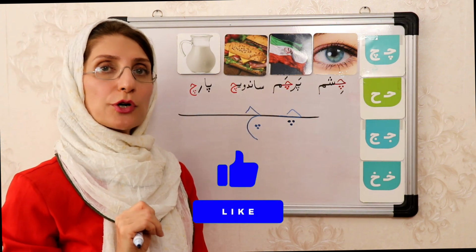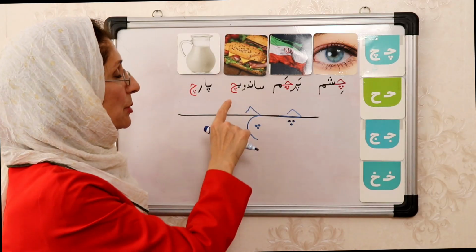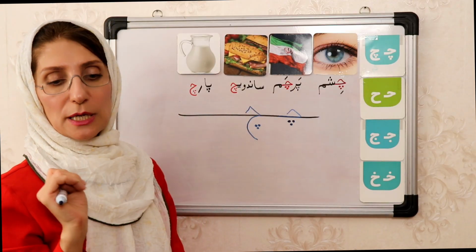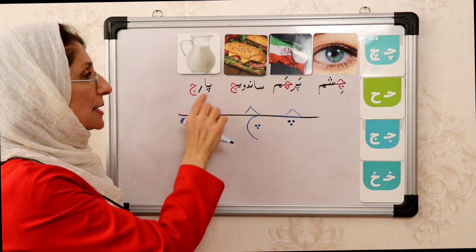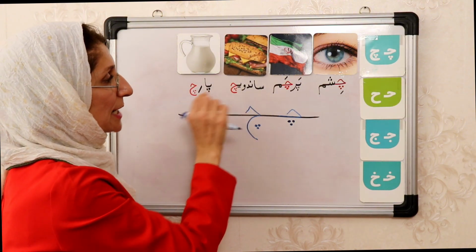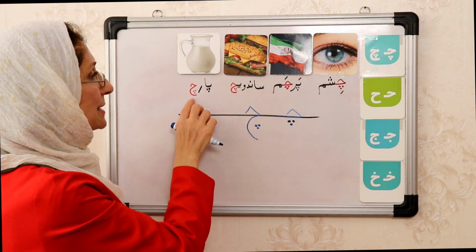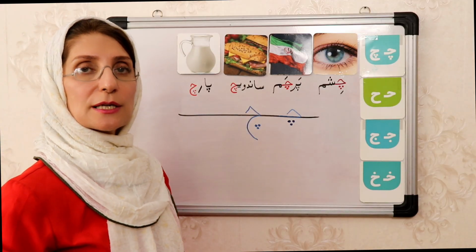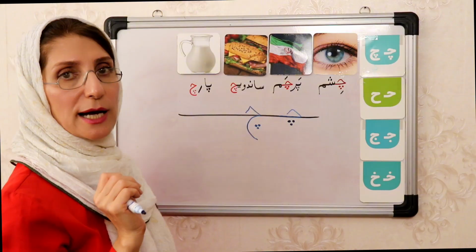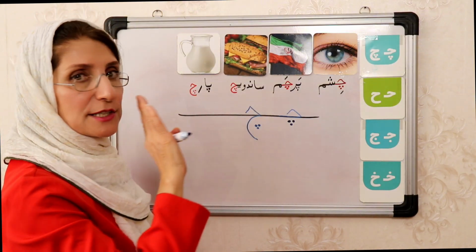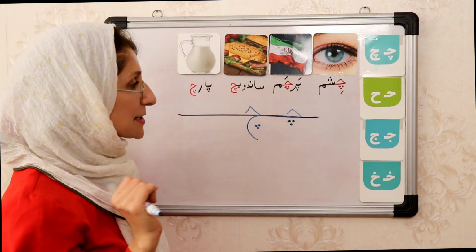Sandwich is a loan word, exactly the same in Persian, but with a very trivial difference in pronunciation. In sandwich, che took the hand of e, and in parcham, re is alone, because re never takes the hand of the next sound.